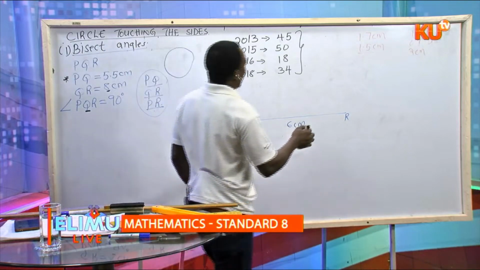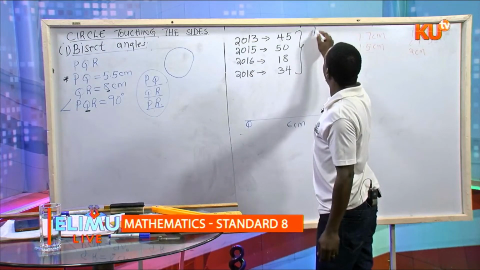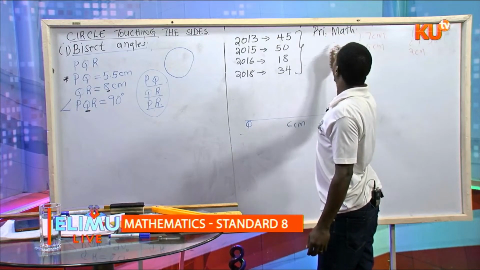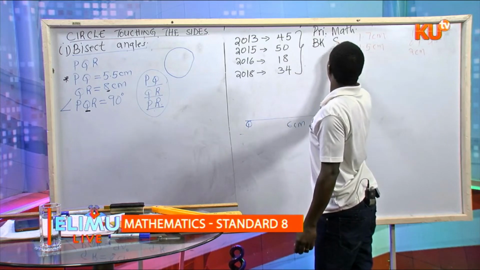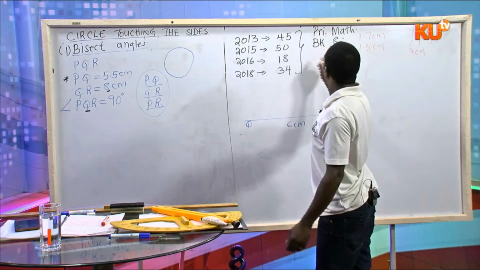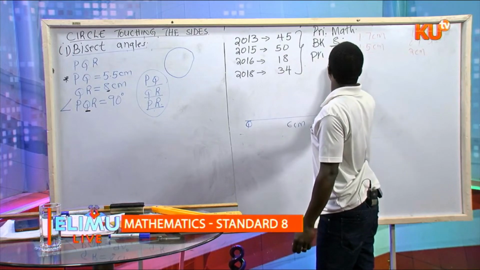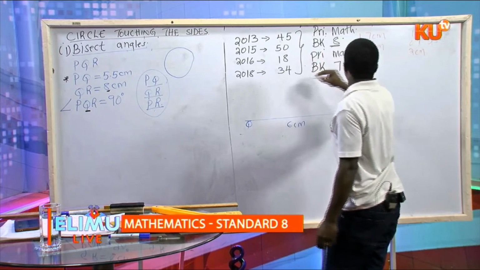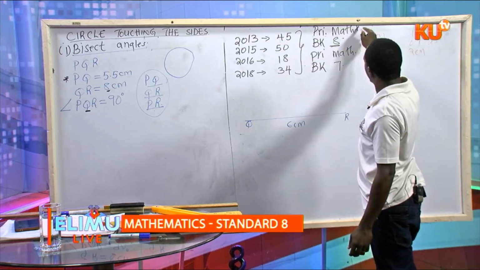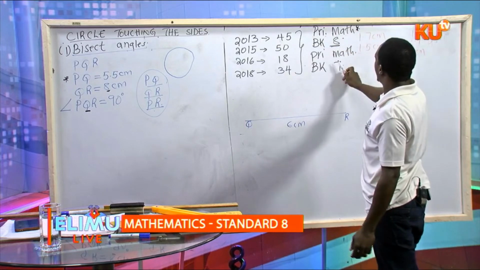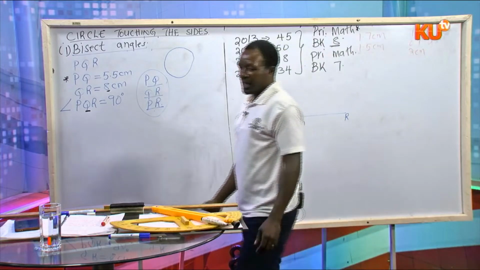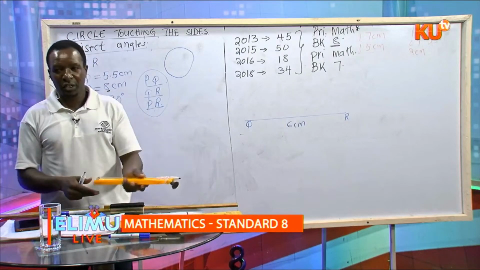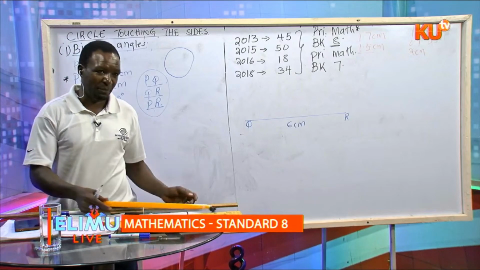If you want to do more practice, you can go to primary mathematics book 8. There are so many questions there. And also primary mathematics book 7. If you tackle all the questions in primary maths book 8 and book 7, I'm sure you will have courage to tackle our KCPE.